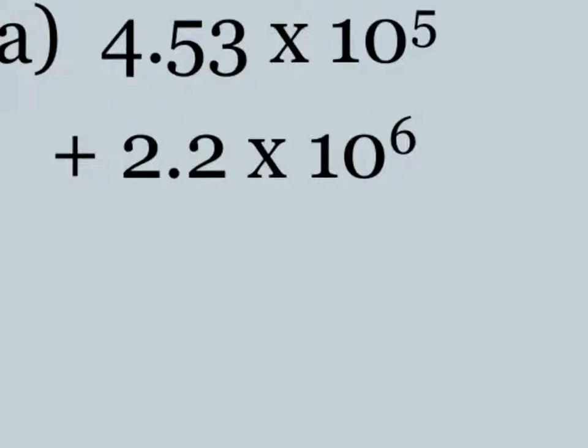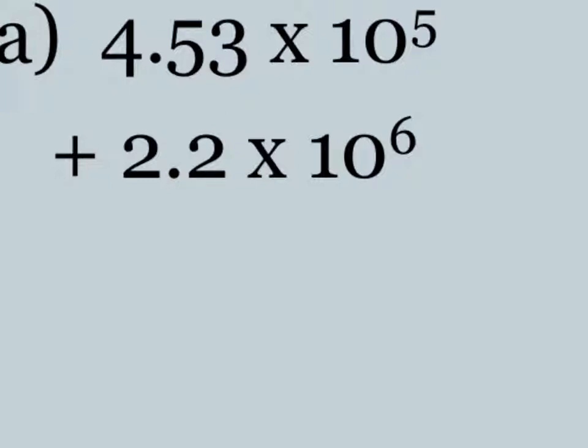If I look at the 5 and the 6, there's one number difference, which means I can move either decimal place one space. I can move the 4.53 to the left, or I can move the 2.2 to the right. It will be easier in this example to move the 4.53 to the left so that I don't end up having to move the decimal twice, because I would have to move it again at the end.